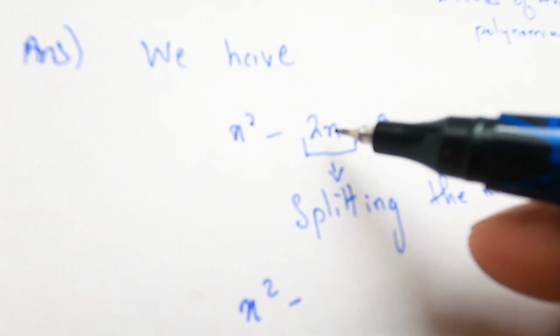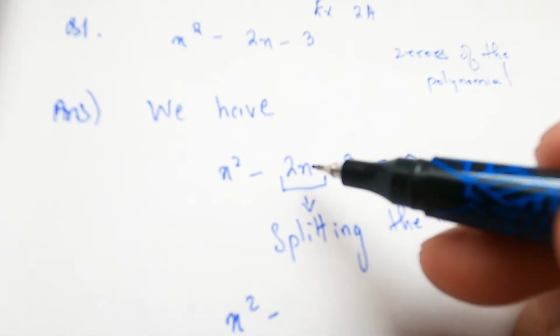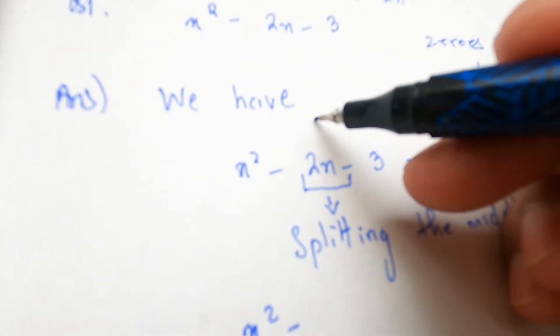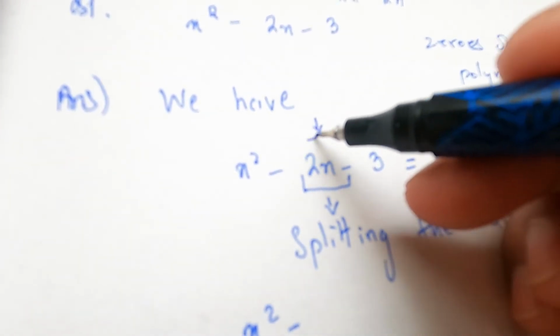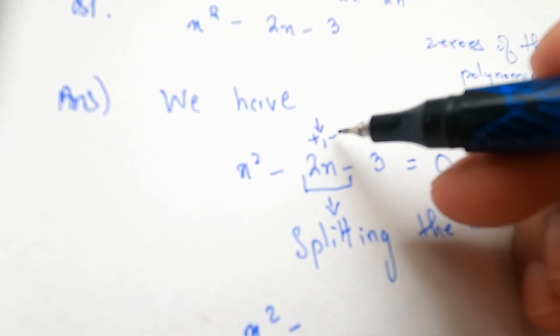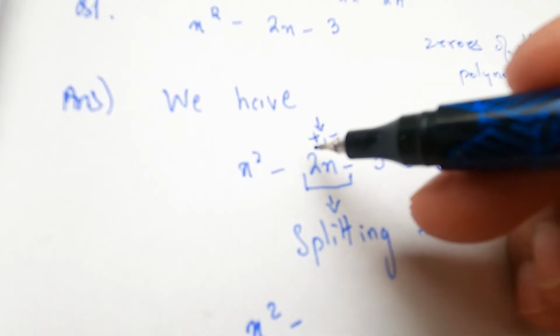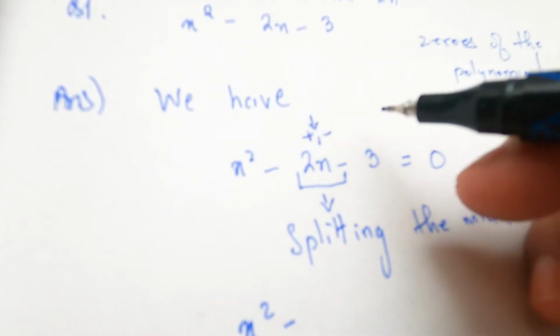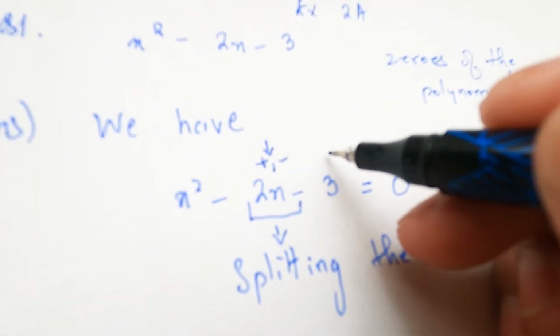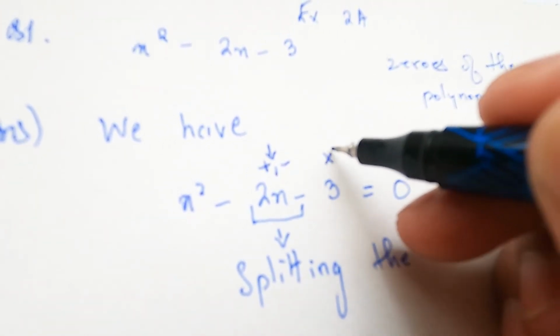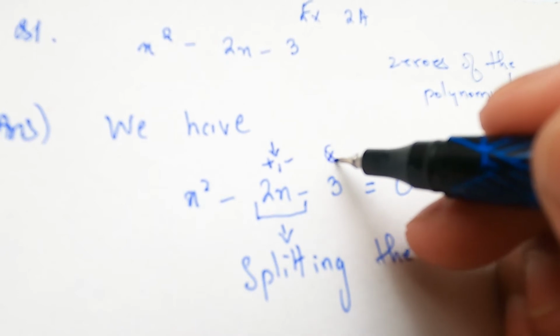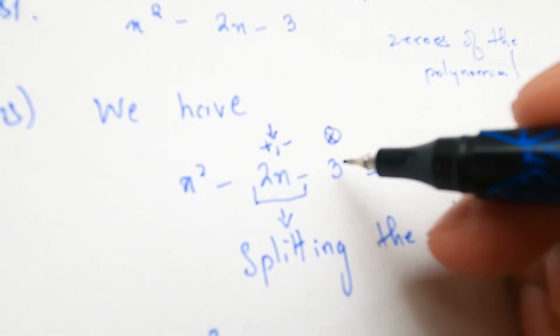To split the middle term, we have to split it in such a way that when we add, or when we subtract, we will get the same original number, and for the constant, when we multiply, we will get the same original number.